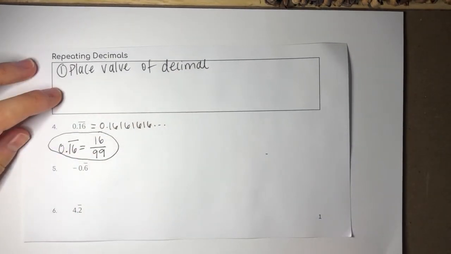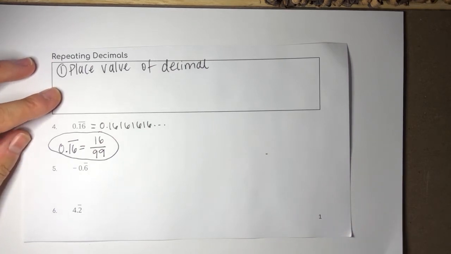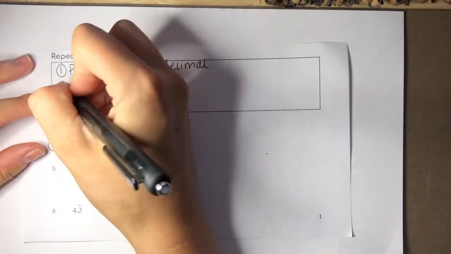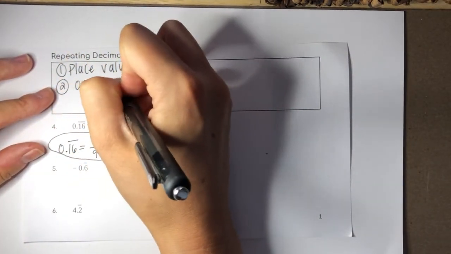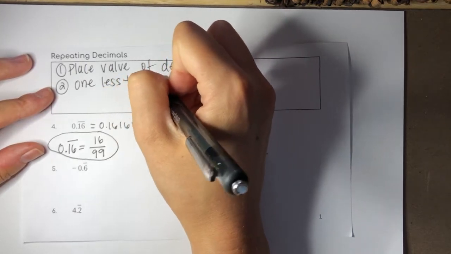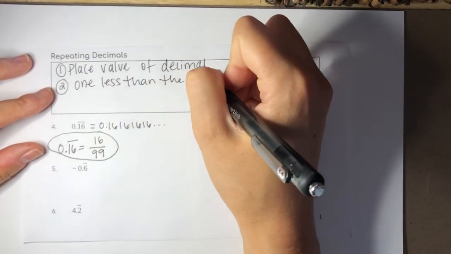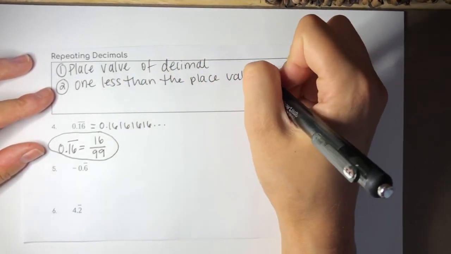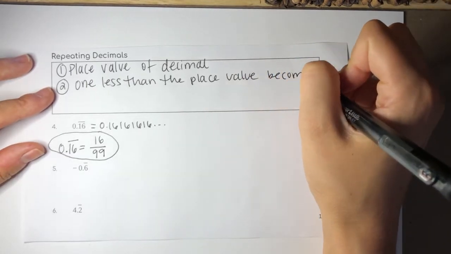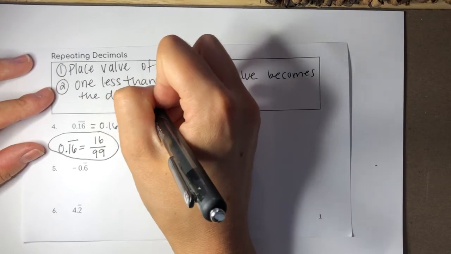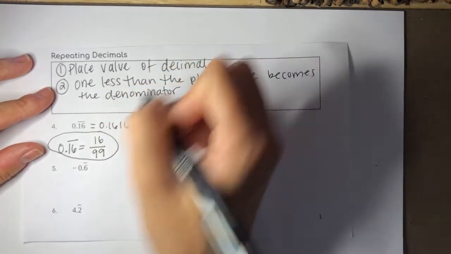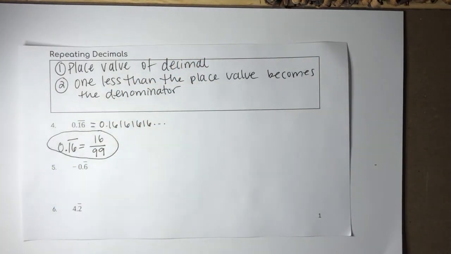Instead of dividing by that place value, we're going to divide by one less than the place value. So 1 less than the place value becomes the denominator. And by doing that, we get these repeating decimals.